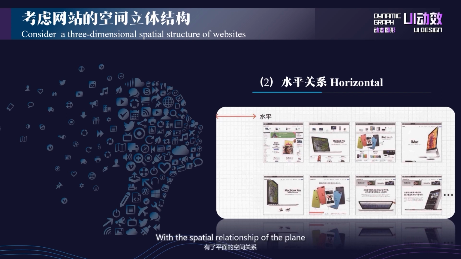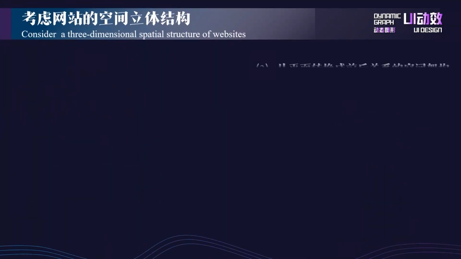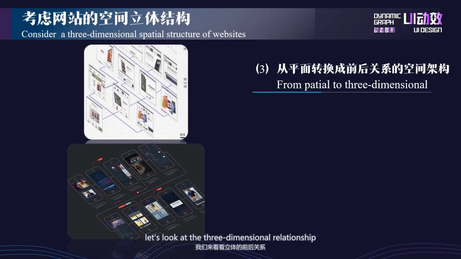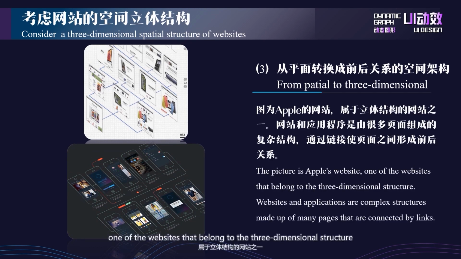With the spatial relationship of the plane, let's look at the three-dimensional relationship. The picture is Apple's website, one of the websites that belong to the three-dimensional structure. Websites and applications are complex structures made up of many pages that are connected by links. So at the beginning of the design, we should consider the relationship between all the pages.